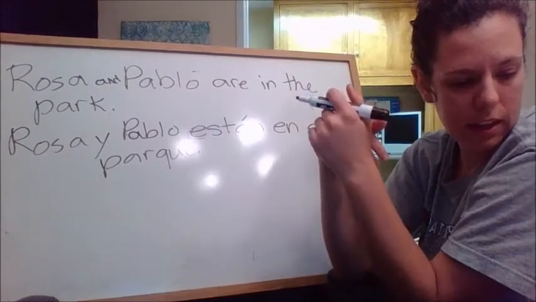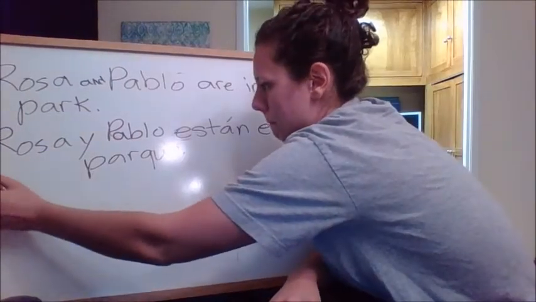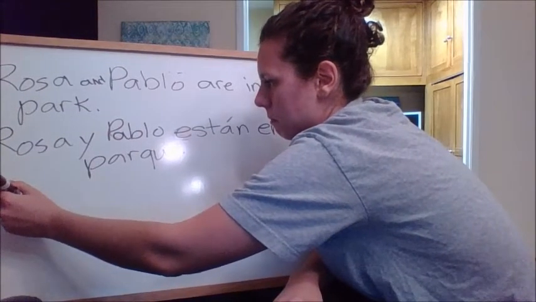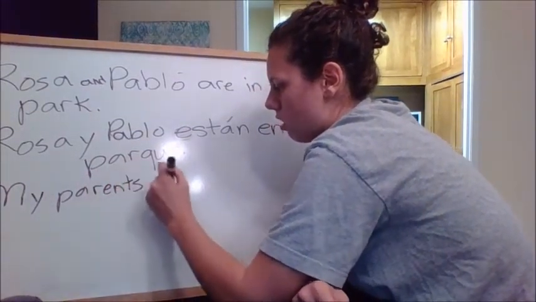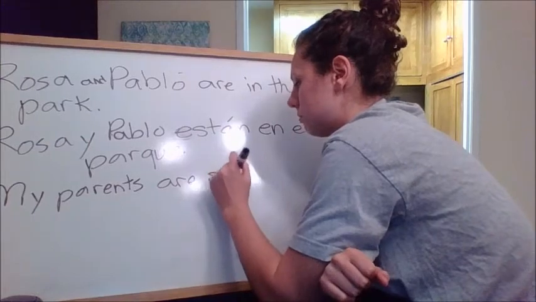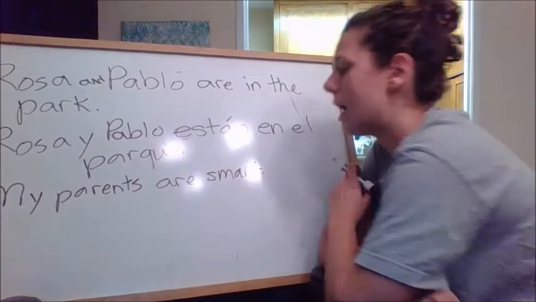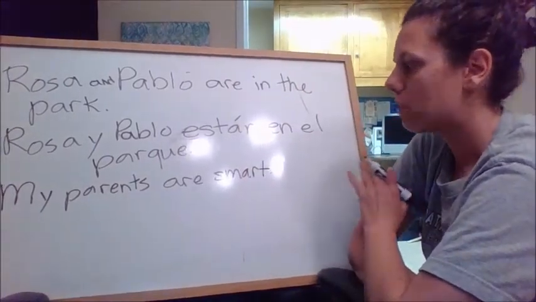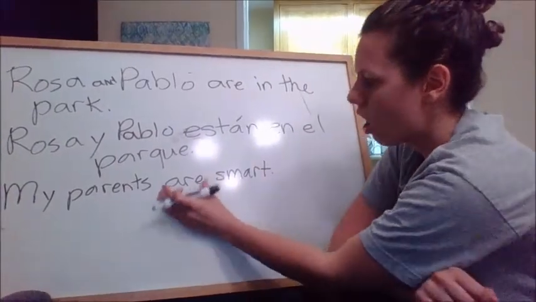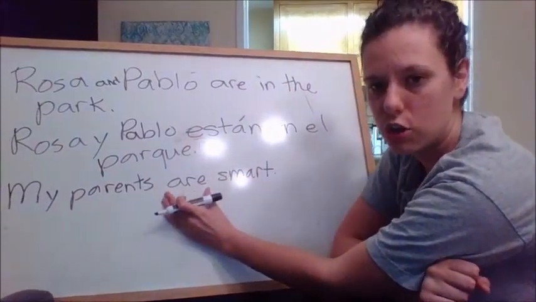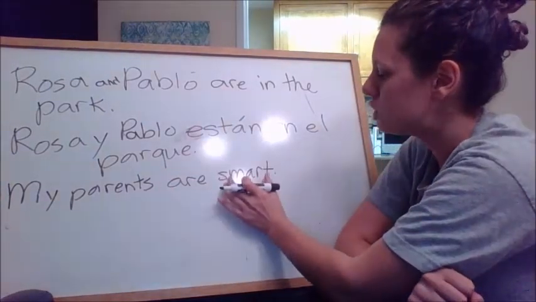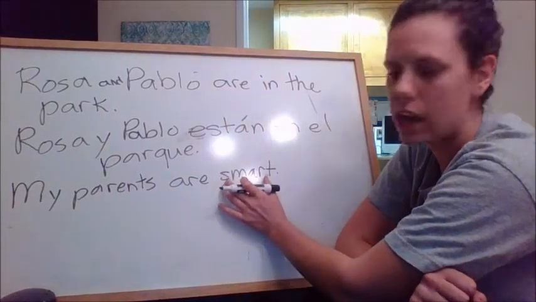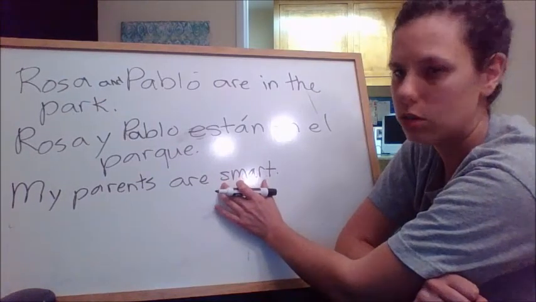You might have something like, my parents are smart. My parents are smart. Okay. Are we talking about a location or condition? No. Being smart is generally an intrinsic characteristic. Okay.